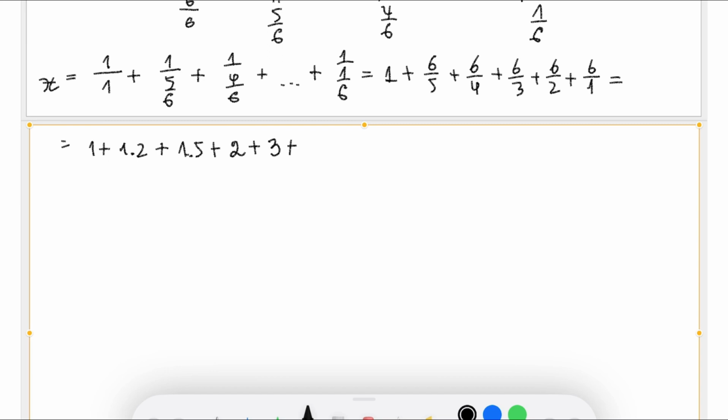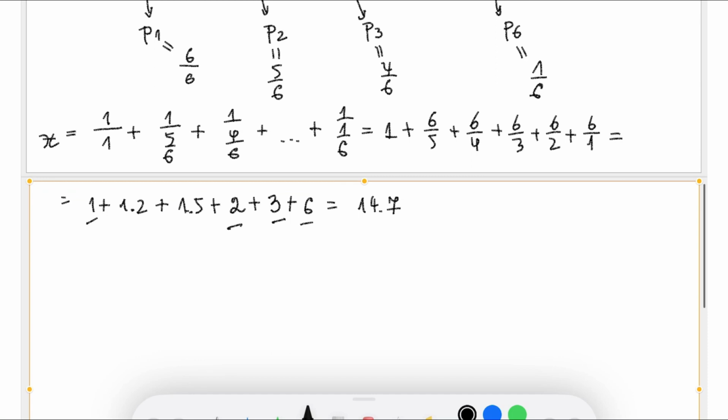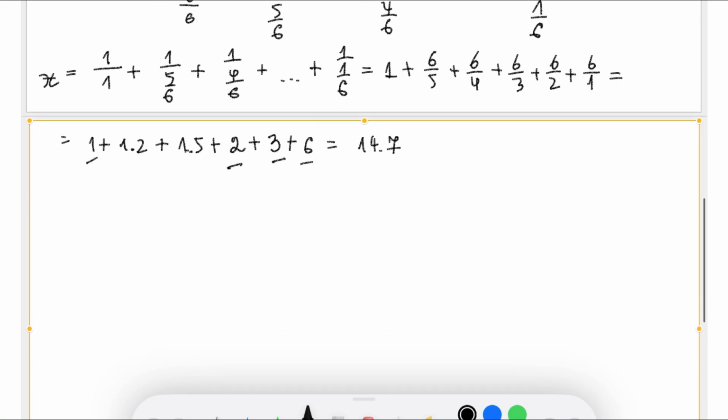And 6 over 1 is 6. And this will be equal to 14.7. This is a very nice result. This coincides with other solutions that I've checked on the internet.